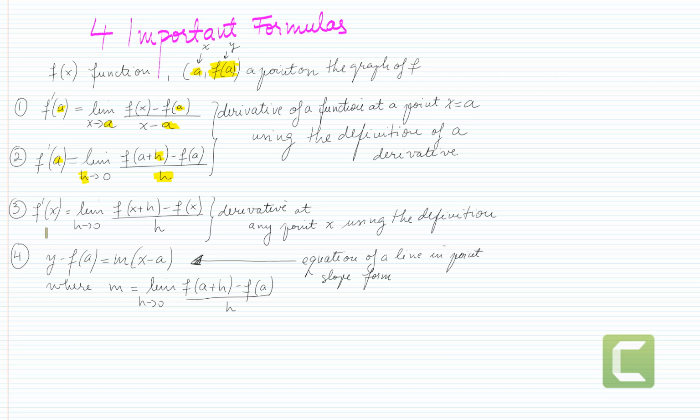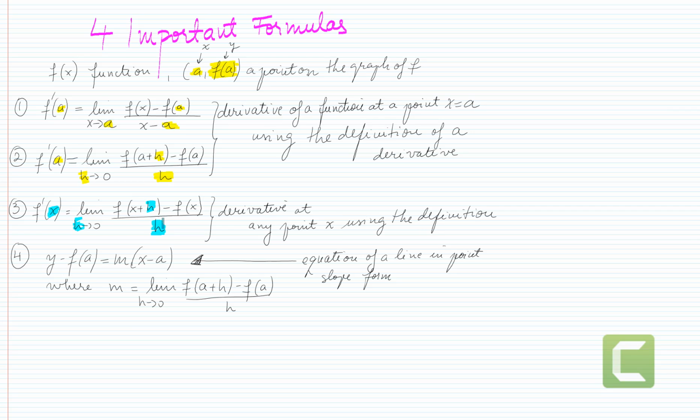The third formula is f prime of x. So the difference between 1, 2, and 3 is that this time I'm calculating the formula at any point x. So not just for a specific value, like for a 2 or a half, like we do in 1 and 2, but in general. So the formula is limit as h is approaching 0 of f of x plus h minus f of x over h.